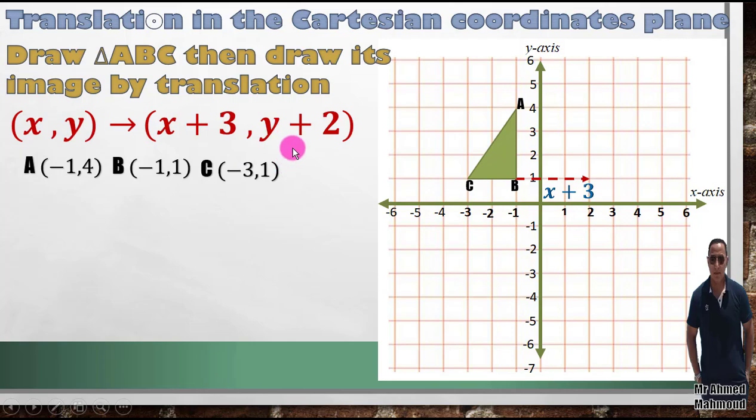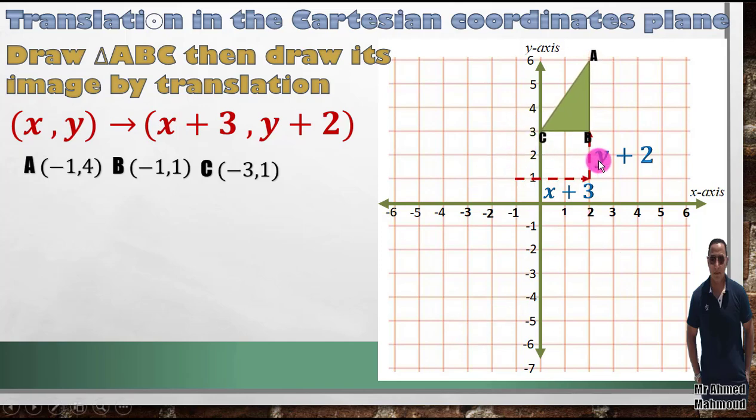And also y + 2, that means I am going to move y 2 units. The positive direction of y is to go up, so I'm going to push y up 2 units in this direction. Finally, I'm going to push the triangle 3 units to the right and 2 units up to be in this position, like this.